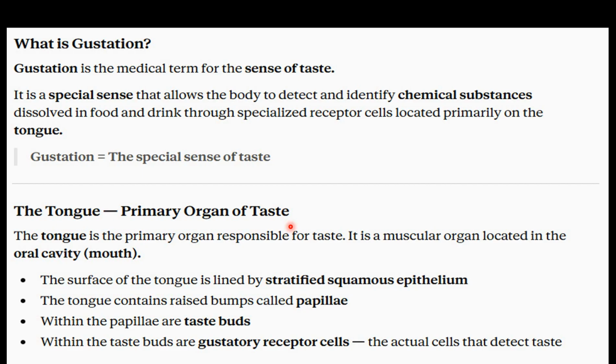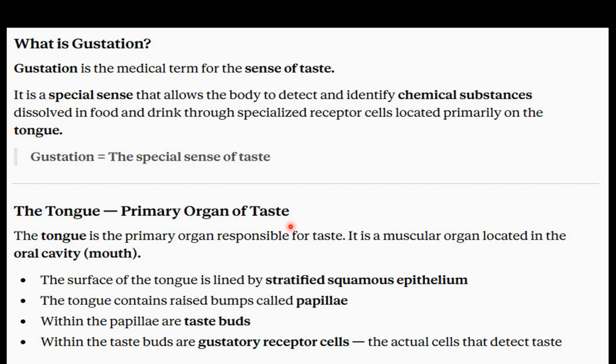Very important term, because it will help us understand how papillae work and what the types of papillae are. Within these papillae are the taste buds, and within those taste buds are the gustatory receptor cells, which actually detect the taste. So these are all the terms that we should know regarding taste: stratified squamous epithelium, papillae, taste buds, gustatory receptor cells.